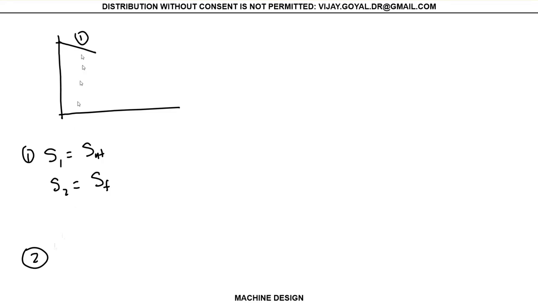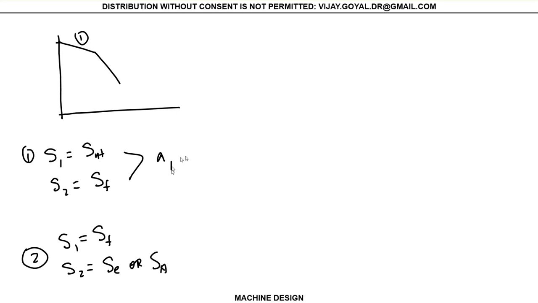For segment number 2, S1 is equal to SF, and S2 will be SE or SN, depending on the case. From here, you will find A1, B1, and then from here, you will find A2, B2.